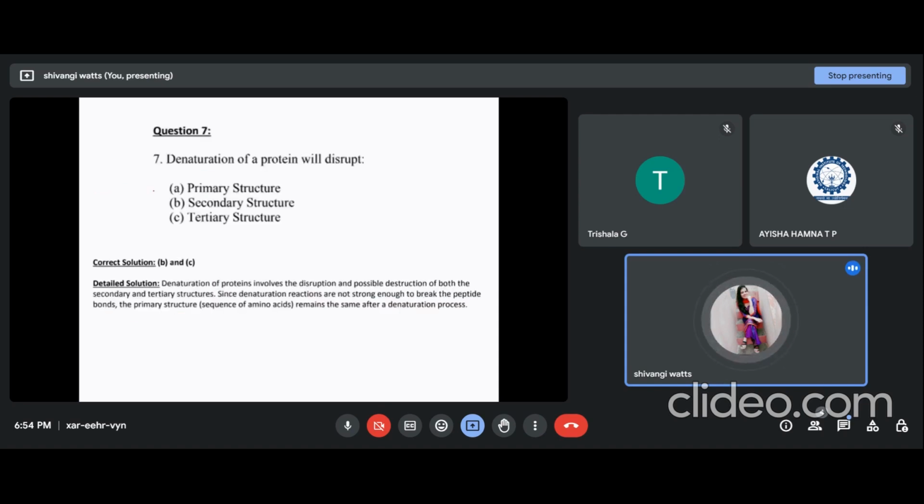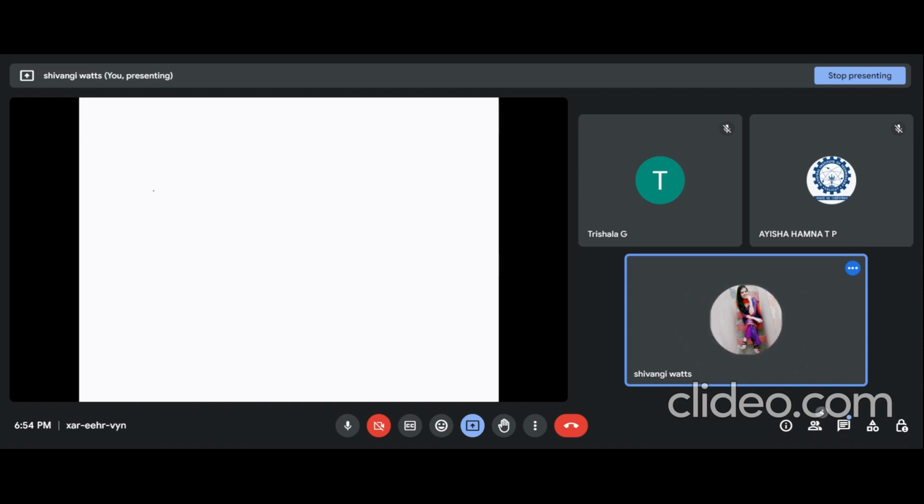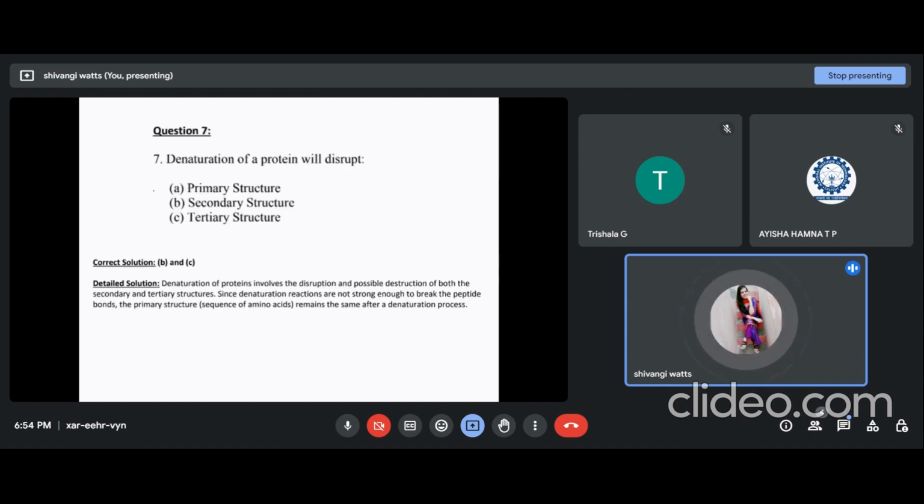So the seventh question is: denaturation of a protein will disrupt. First, oh sorry, here the answer is written I think. So okay, fine. What do you mean by denaturation? Denaturation you all know, right?